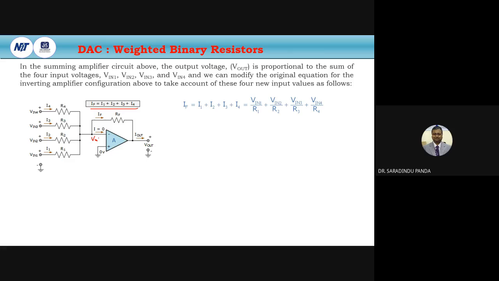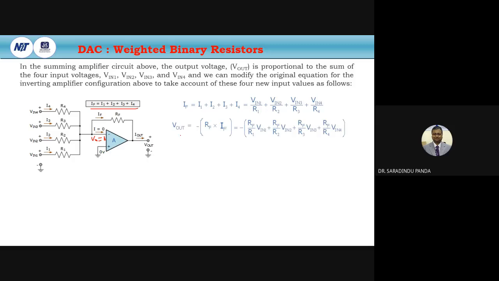As V0 is equal to 0 for virtual ground, I1 is equal to Vin1 by R1. I2 is equal to Vin2 by R2, I3 is equal to Vin3 by R3, and similarly I4 is Vin4 by R4. Now add: IF is equal to Vin1 by R1 plus Vin2 by R2 plus Vin3 by R3 plus Vin4 by R4.